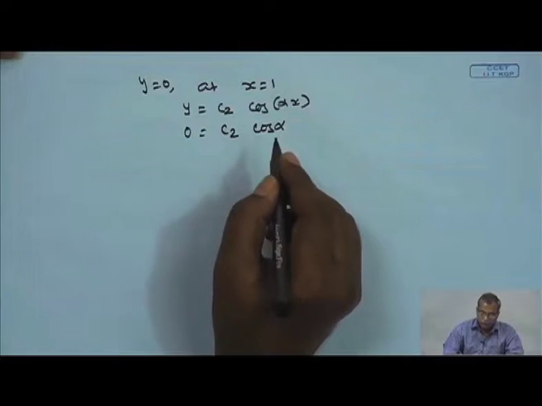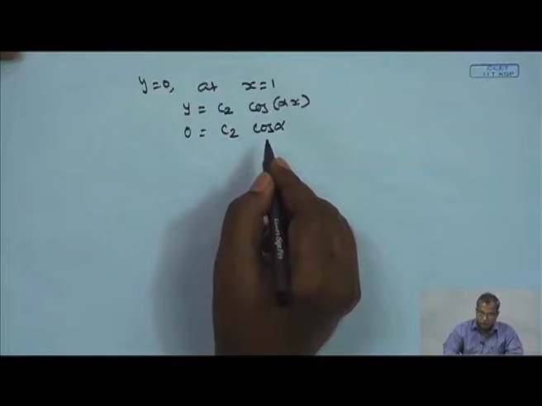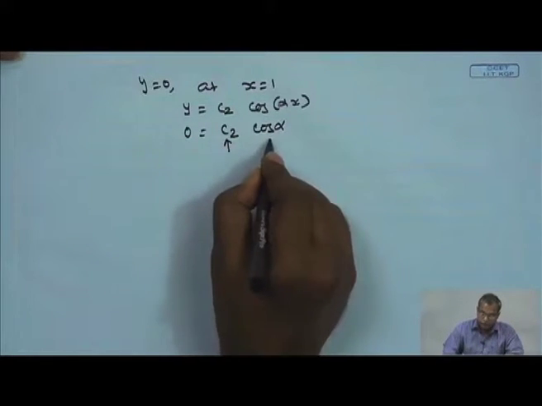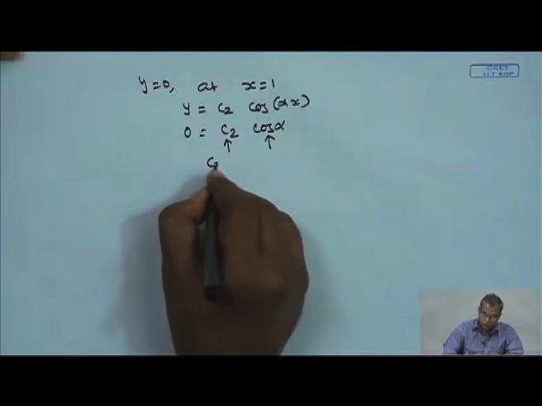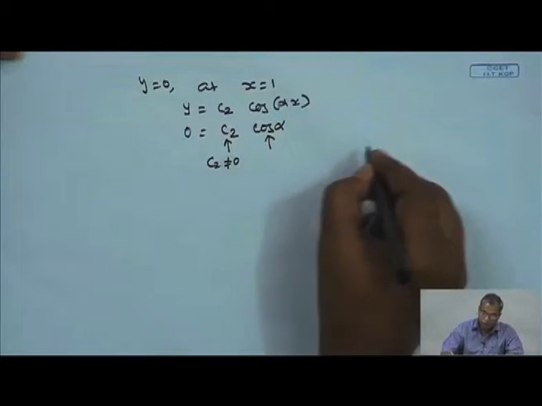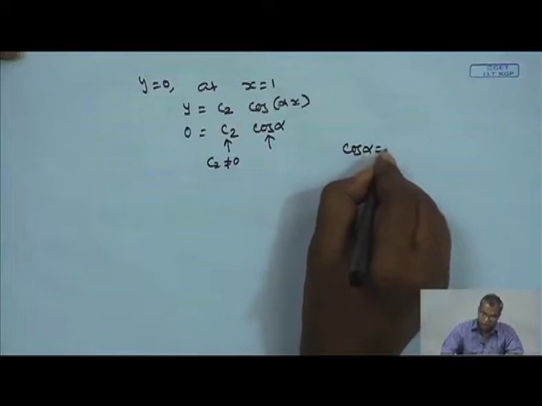Now, there are two options, as we have discussed earlier: either c2 equal to 0 or cos alpha is equal to 0. If c2 is equal to 0, then we again get into a trivial solution. So, c2 is not equal to 0, therefore the option left is cosine alpha is equal to 0.